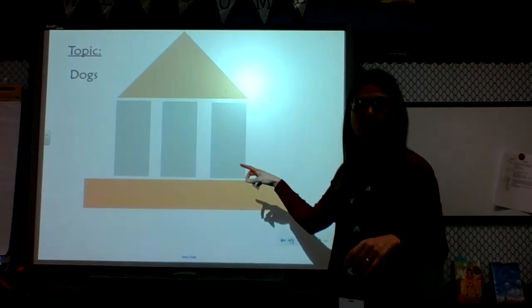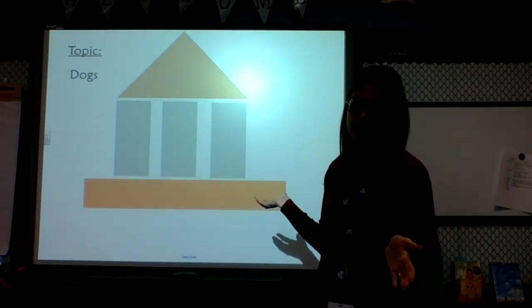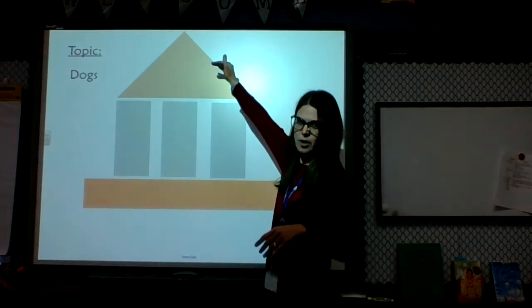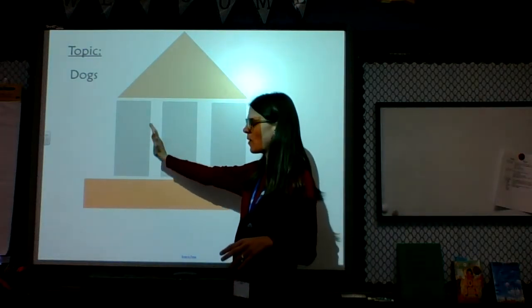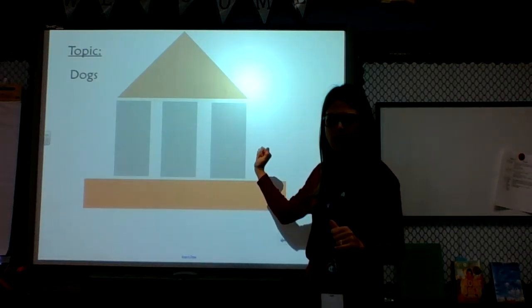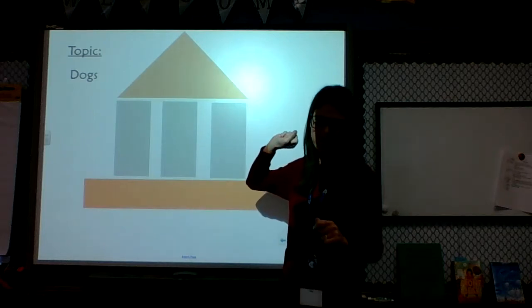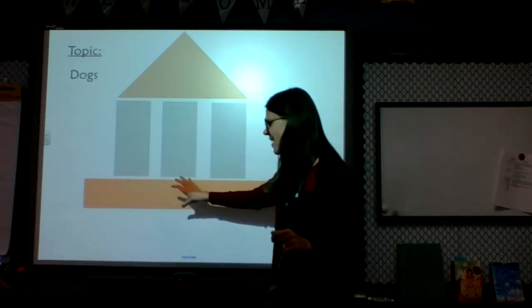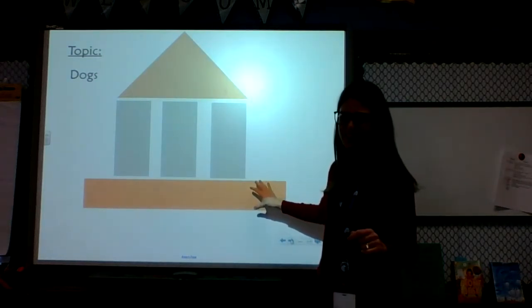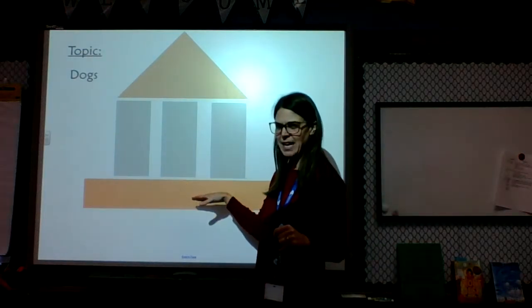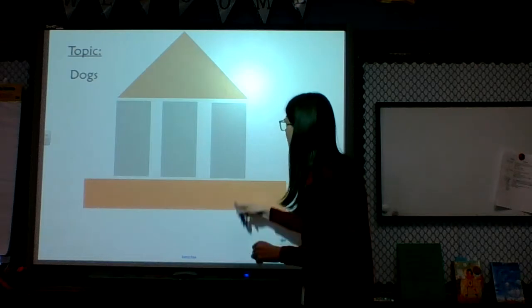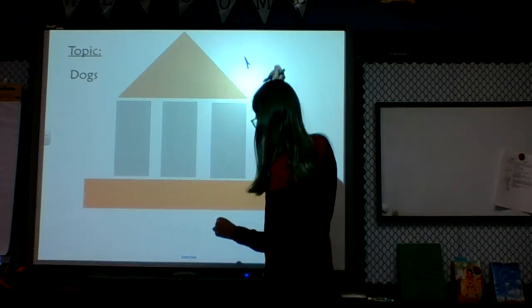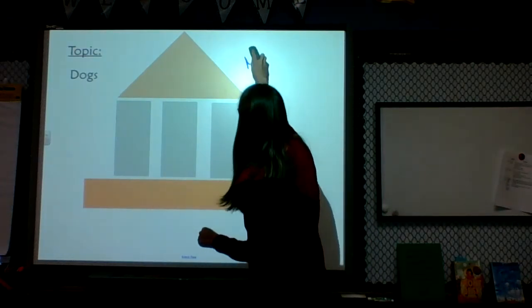And we are going to use what I call the house model, okay? We have a roof, which is where our main idea goes. Then in a house, you have at least 3 walls to keep that roof up. And then we have the bottom of the house, okay? That is going to be that closing sentence. So we have the roof or the main idea, and I'm just gonna write main idea. You know what, I'm gonna use a different color.